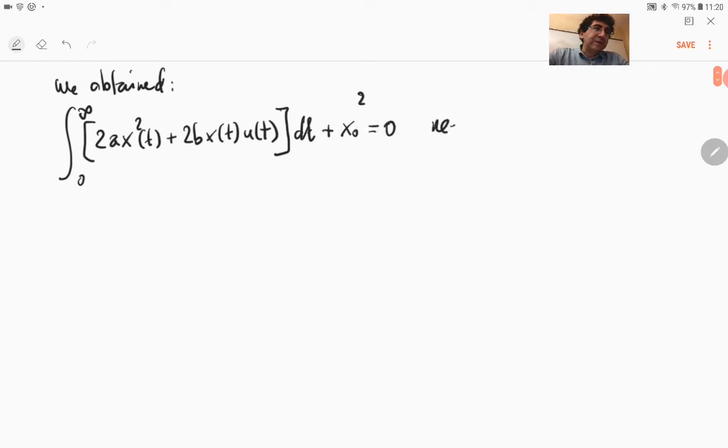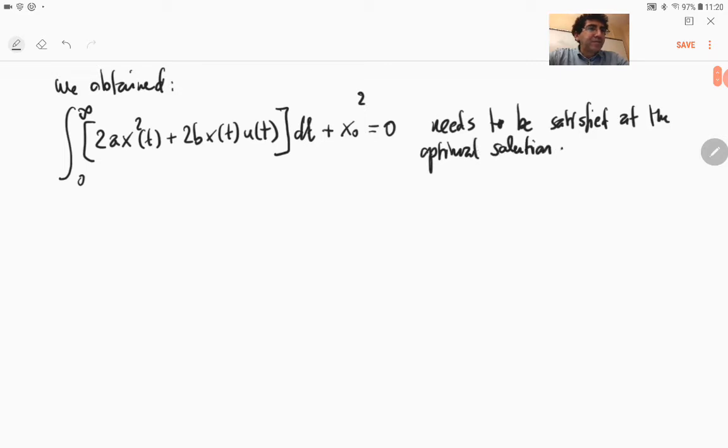So this needs to be satisfied at the optimal solution. Okay, so now we will try to combine this with our objective function.